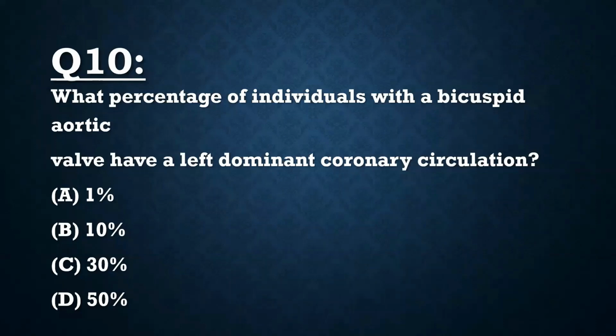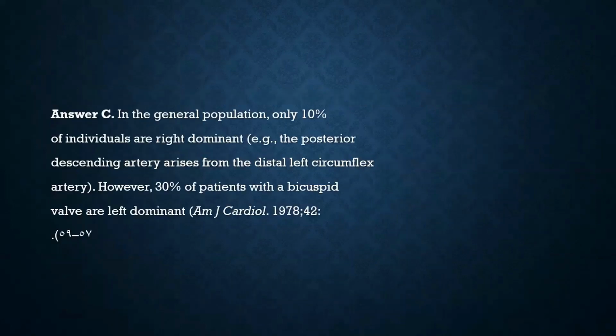How much? 30%. Excellent. About 10% only of the general population is left dominant, where the posterior descending arises from the distal circumflex.